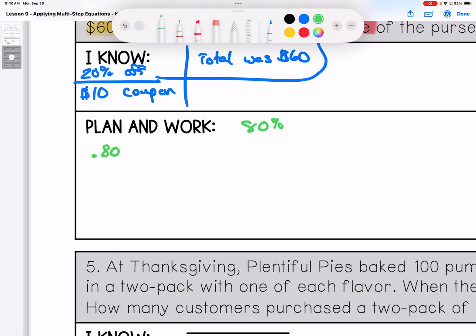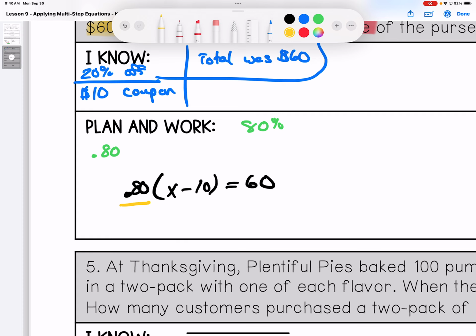She paid 80% of whatever she had with that $10 coupon. So she paid 80%, which is 0.80, of the original price minus the $10 coupon equals the $60 that she actually paid. So let's say that again, and I'm going to underline them this time.